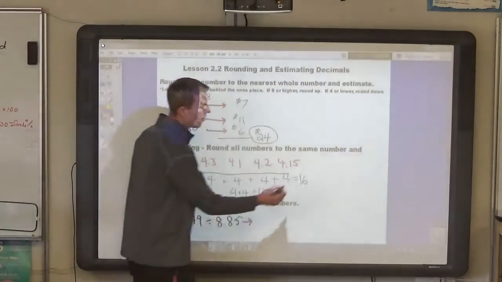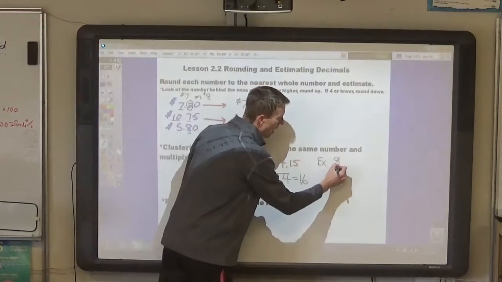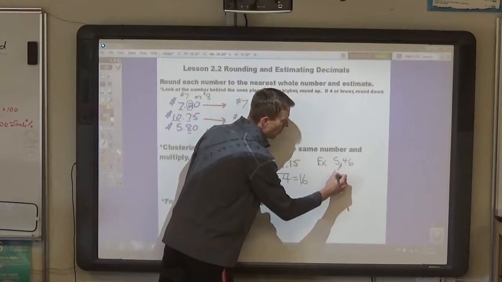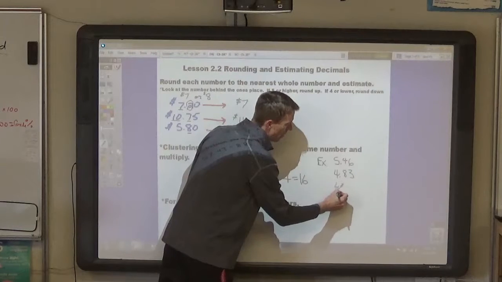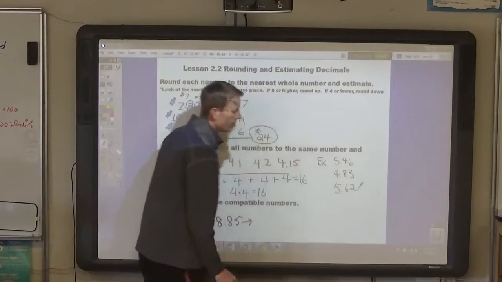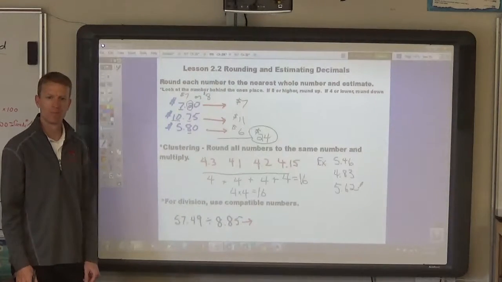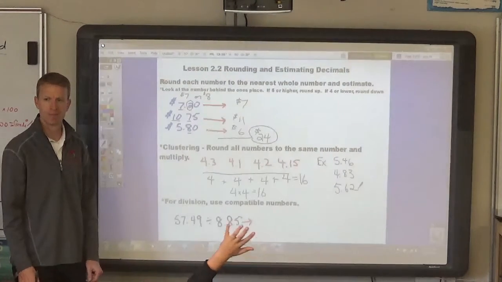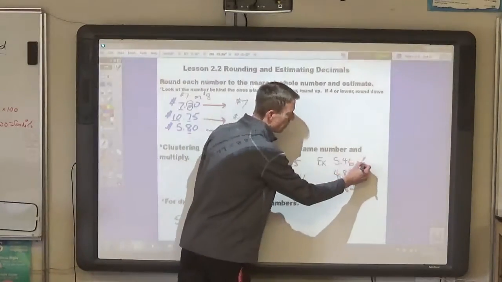Alright? Here's another example of that. 5.46, 4.83, and 5.6. What are these all kind of close to? They're all close to 5.